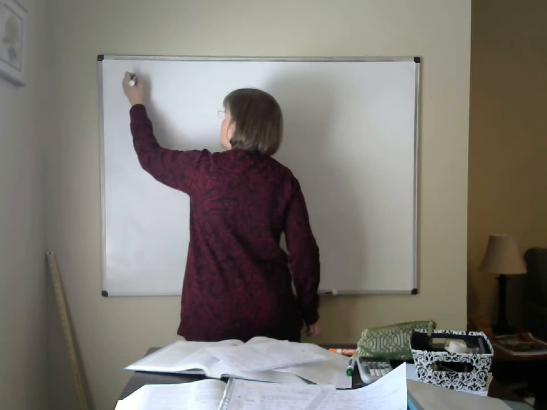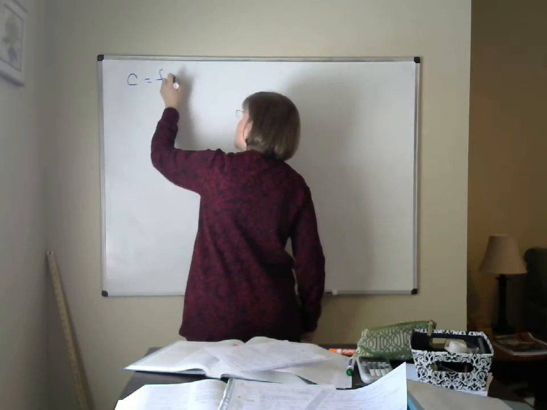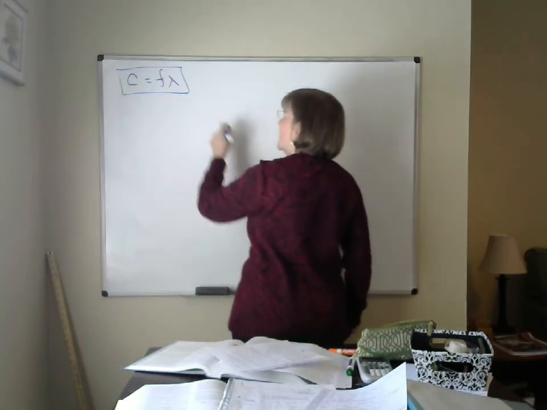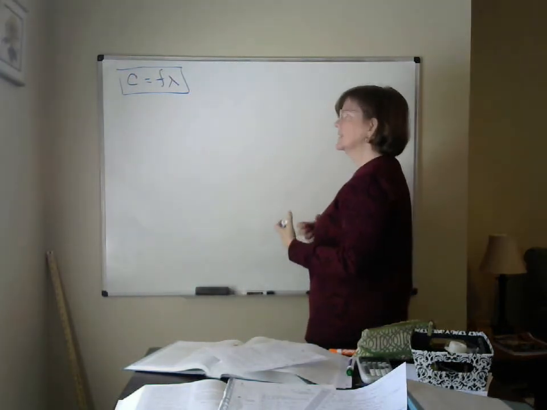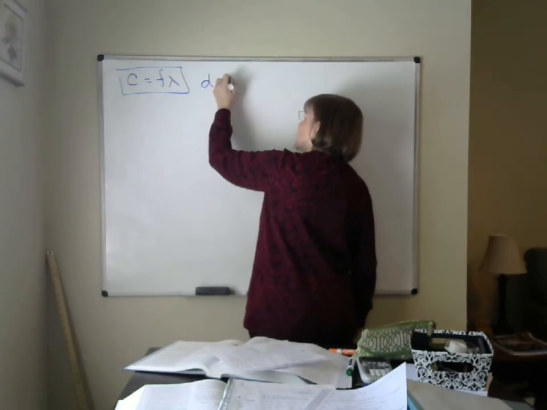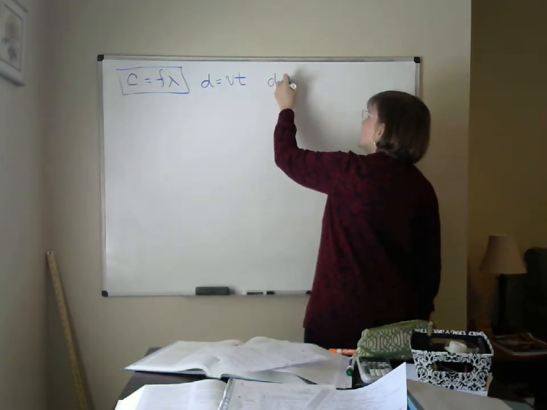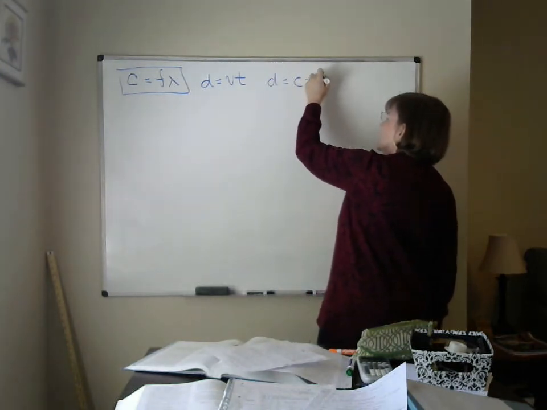One is that c equals f lambda, or lambda f. That's the same equation we had before for waves, only we put a c instead of v. And second, that the distance traveled by a wave equals the velocity times the time. If we're traveling at the speed of light, it becomes that.